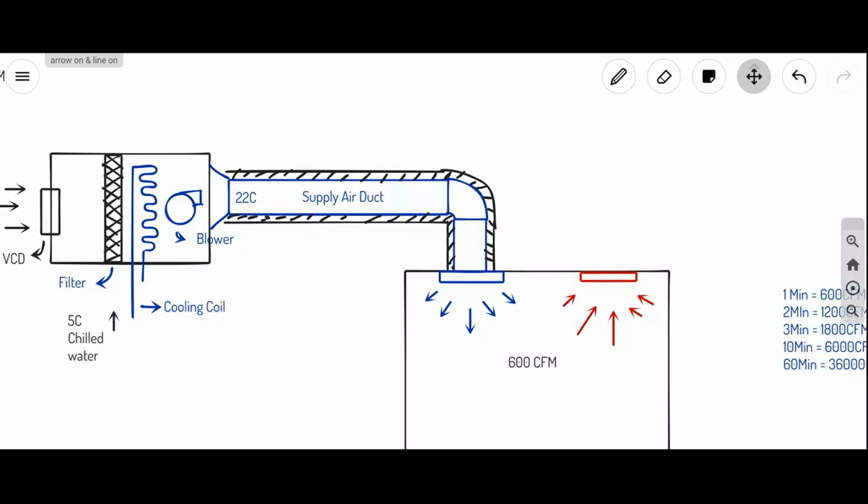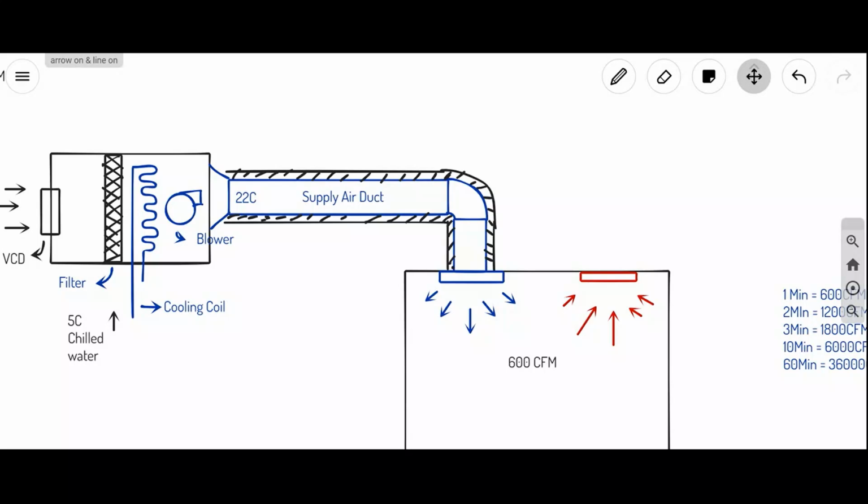We can again supply the same air which we are taking out from that area.